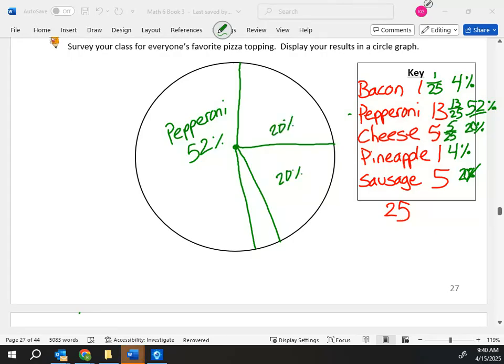I'm going to call one of them cheese and one of them sausage. And then I have 2 4%. So my last section, I'm going to break into those 2 sections. Try to make it as even as possible. One is going to be bacon. And one is going to be pineapple.